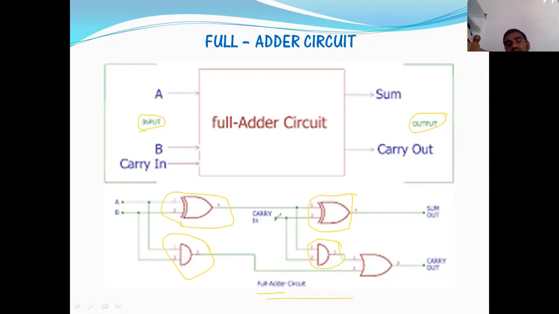And here we have carry in, an extra input. And next here we have the output. We are using an extra OR gate to get the carry output. That carry output is coming from the AND gates only.